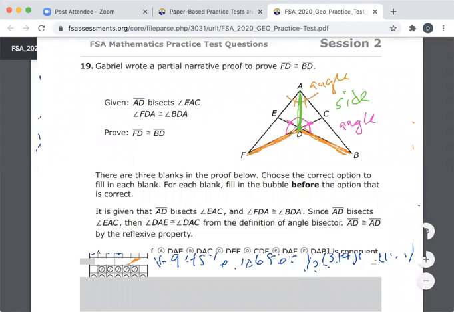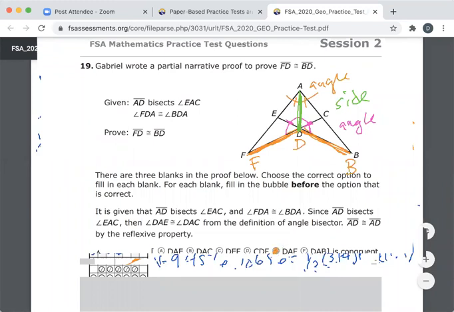That FD and BD are congruent. So the triangles are going to have to include FD and BD in it. So I think that for the first one, it's going to be DAF or DAB, either one.